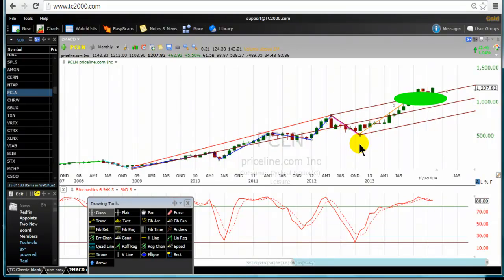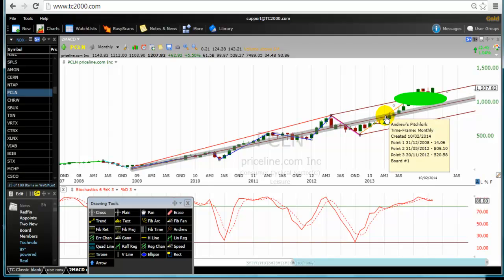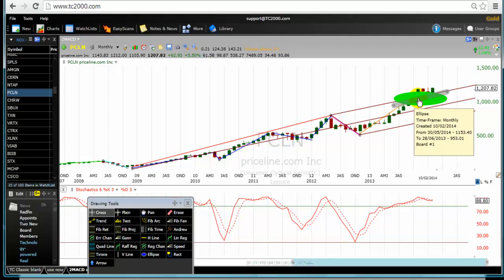So by using the Pitchfork tool, as the fifth wave is underway right here, we are watching the upper side of the Pitchfork tool, expecting traders to sell or to close this trend somewhere here.